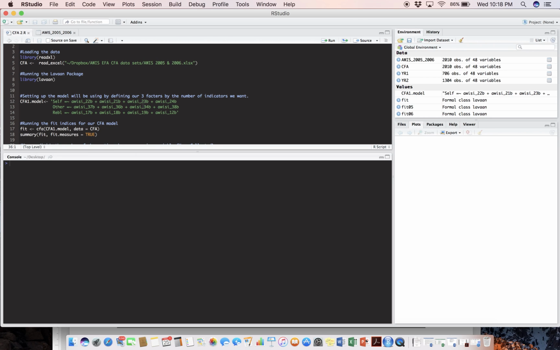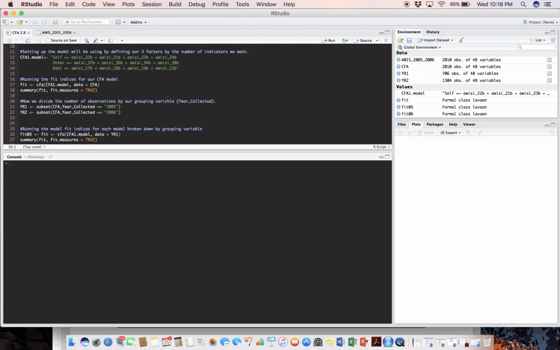And this is how you would define it in the context of the lavaan package. All right, so once we've defined our model, we then want to run our fit indices to see how well these indicators fit with respect to the measurement of our latent variable. Because some items load more strongly than others, right? So we want to see how well our model fits.